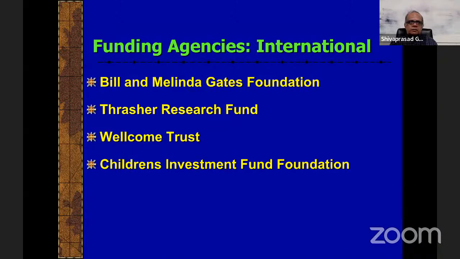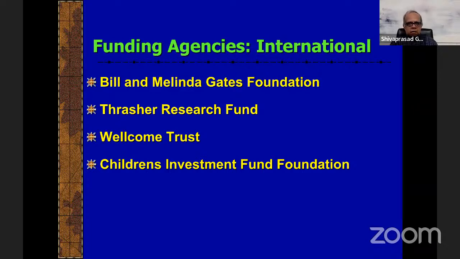Non-governmental foundations, of course, the biggest funder right now as it relates to, of course, maternal and newborn health, but also related to environmental health, vaccine development, non-communicable diseases, or even education for that matter. Gates Foundation is perhaps one of the biggest funding agency right now. Their budget even goes beyond NIH.